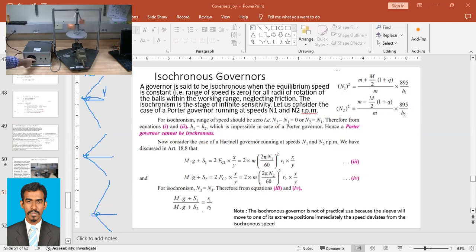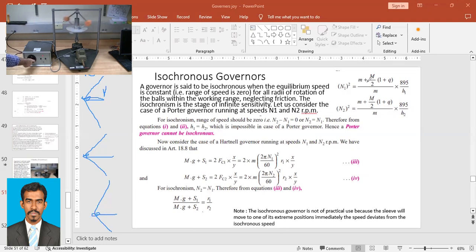Let us consider the case of a Porter governor running at speeds n1 and n2, to easily understand this phenomenon. For a Porter governor, we know n1 squared is equal to (m plus M)/2 into (1 plus q) into 895/h1.